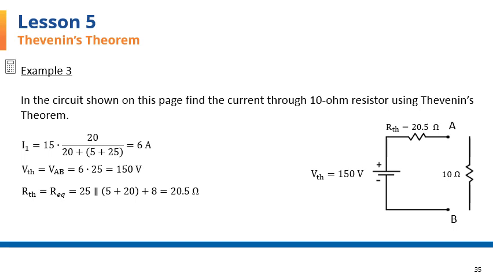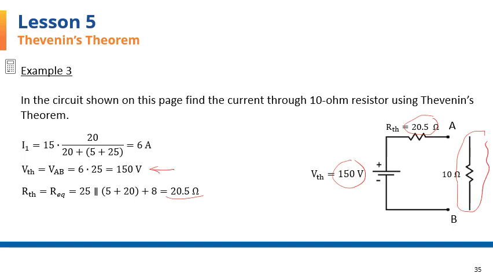Voltage source of 150 volts that was found in a previous step, in series with the resistance of 20.5 ohms, which was also found on the previous slide for RTH. And we have our 10 ohm resistor still separated from the circuit.